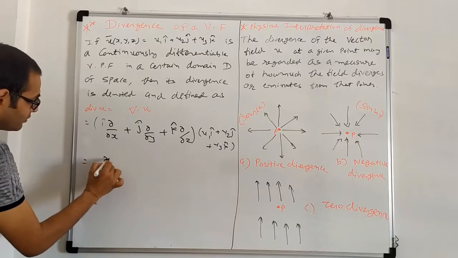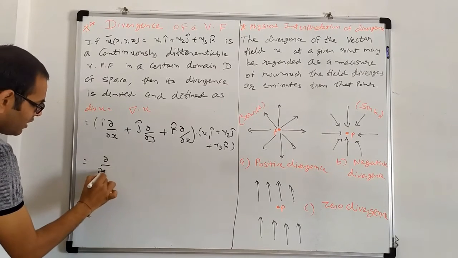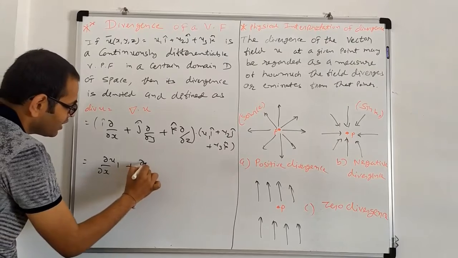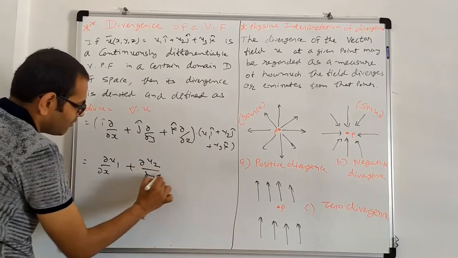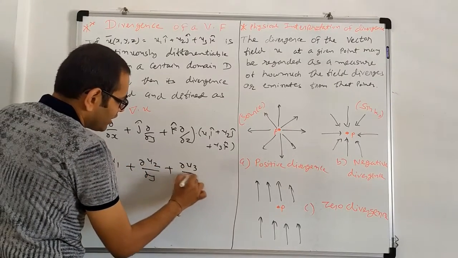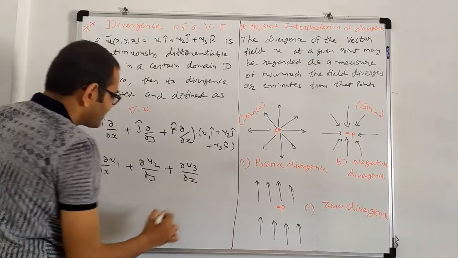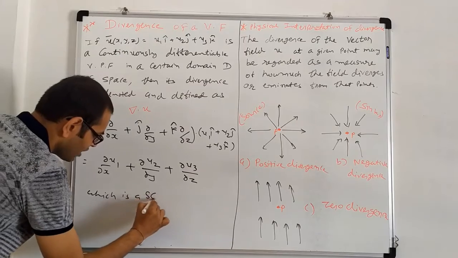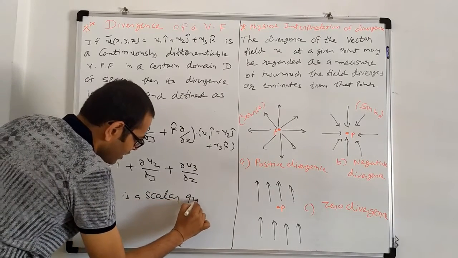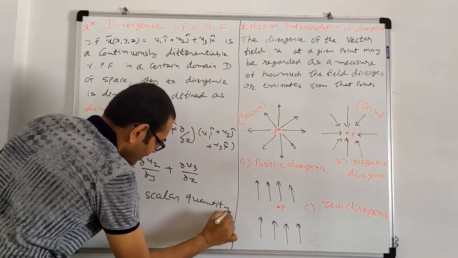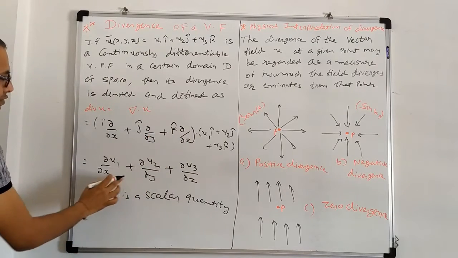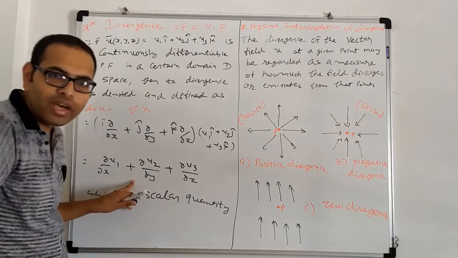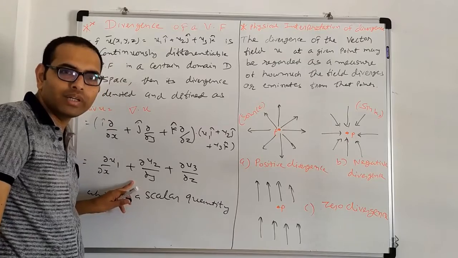Then we get del u1 by del x plus del u2 by del y plus del u3 by del z, which is a scalar quantity.